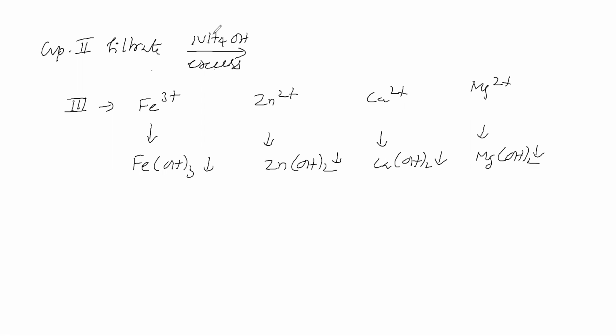A weak base undergoes partial ionization to give ammonium ion and hydroxide ion. Since it is a weak base, the concentration of hydroxide is low, but this lower concentration is enough for precipitating all these cations.